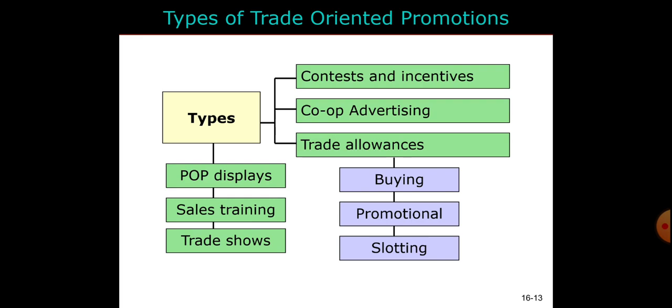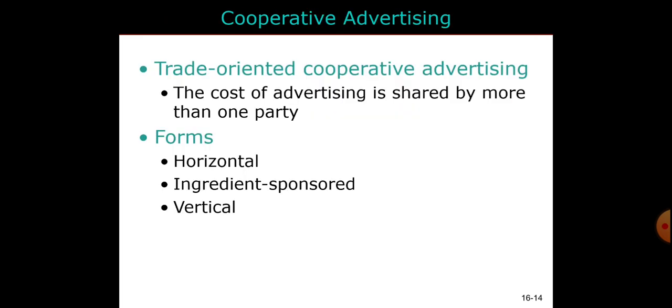If you look at an example of Titan, there are big retail shops like Big Bazaar selling Titan watches from the Tata company. They have a kind of slotting wherein the Titan watches get displayed in different slots. That is an offer proposed by Big Bazaar. That is called slotting.